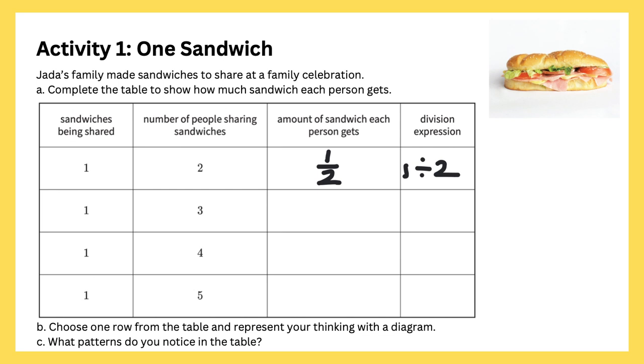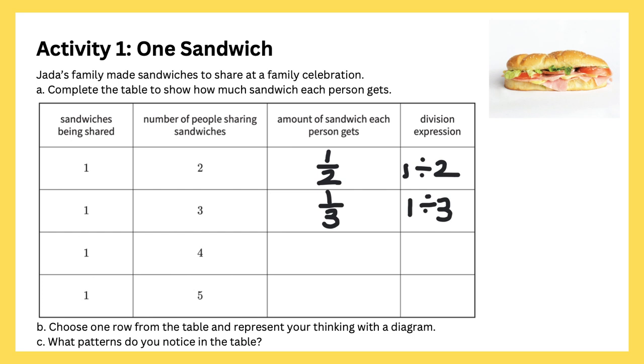So that tells us that if we have one sandwich, we're going to divide that into thirds. And if we need to make our division expression, well, we still have our same one sandwich divided by the number of people. And so how many people do we have? 3 this time. So 1 divided by 3 will be our answer there.